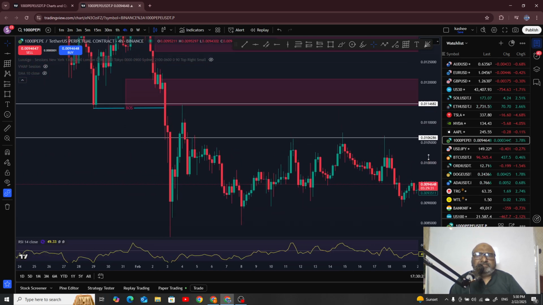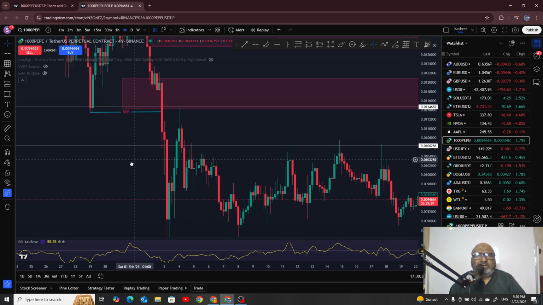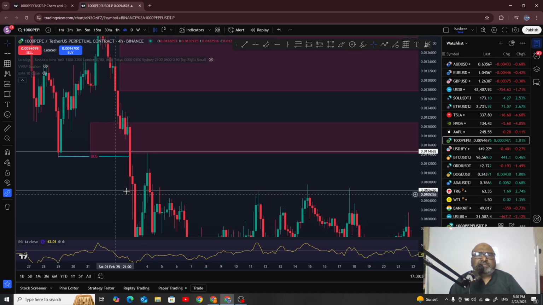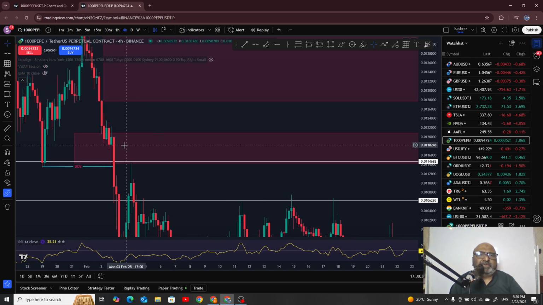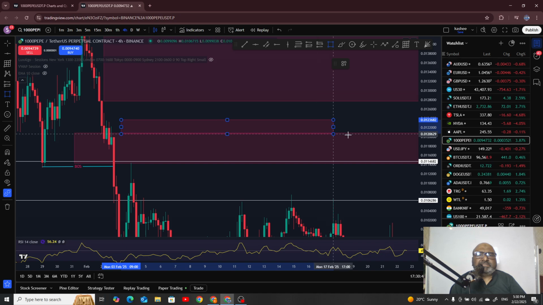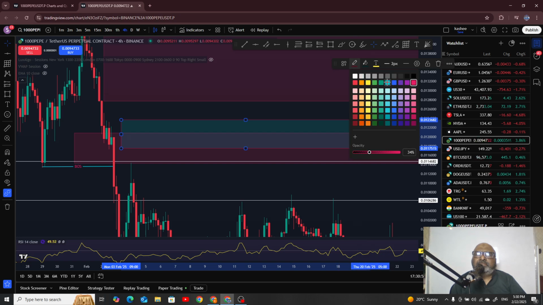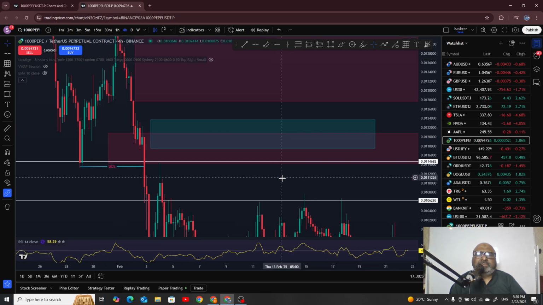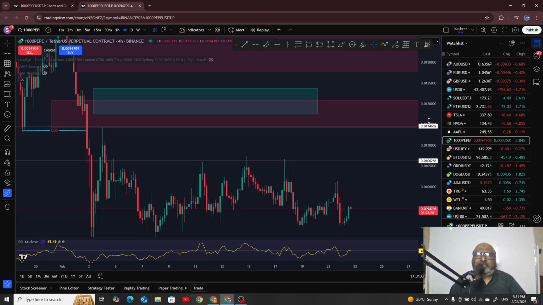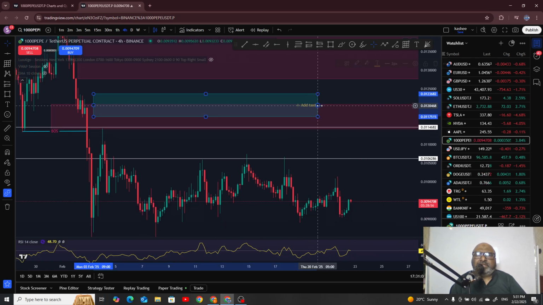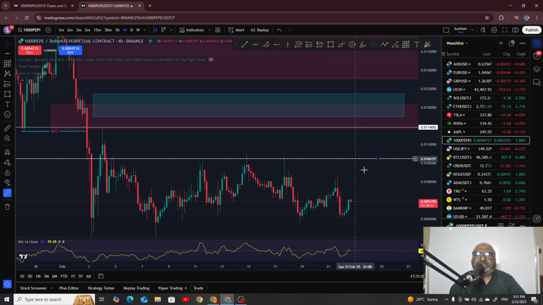Let's see which candle is more attractive based on fair value gap. I think this is the candle. Okay, this is the region on 4 hour time frame from where this market can reverse. Okay.